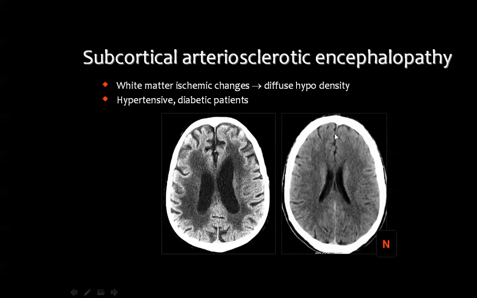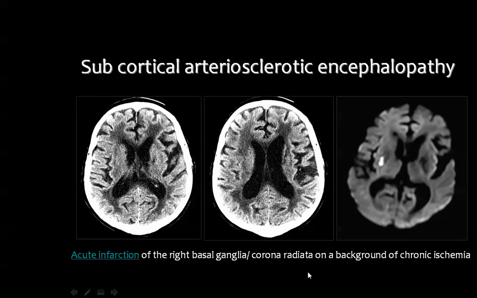This is the normal appearance of the brain parenchyma, and you can see the white matter with its normal density. But whenever the white matter is ischemic, it will be too dark compared to the normal white matter. And here you see an old person with ischemic white matter changes presented in the form of exaggerated white matter hypodensity in this CT scan.